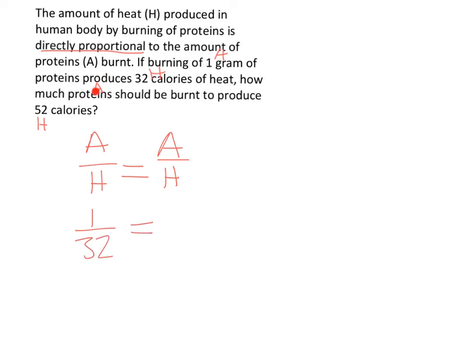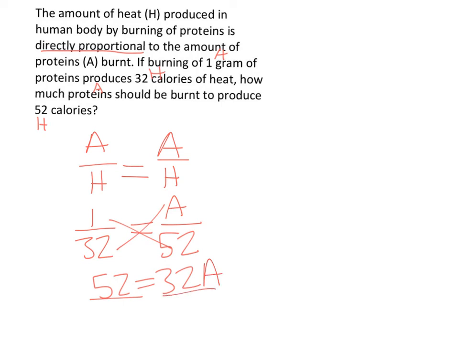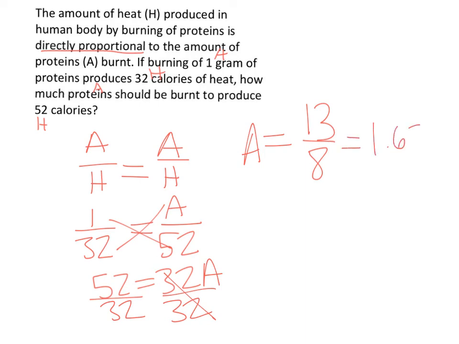For the second one, we're looking for A, and H is 52. After we set those two up, we cross multiply and divide. Okay, so we end up with A is equal to 13 over 8, or 1.625.